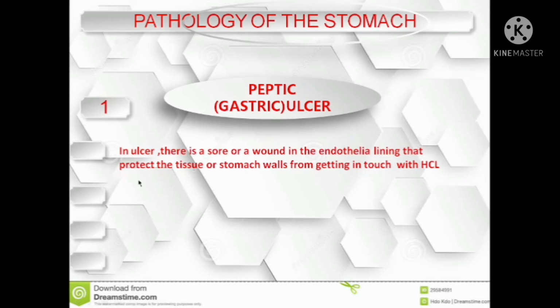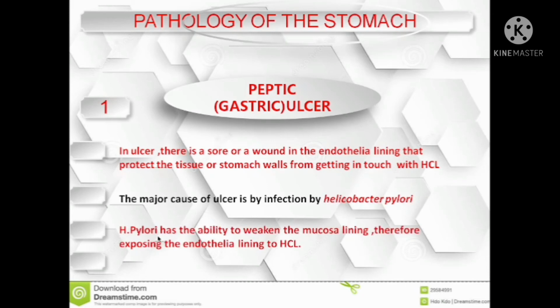So in ulcer, what brings about a sore? The major cause of the ulcer, the major cause of the sore, is a bacteria that we call Helicobacter pylori, H. pylori. H. pylori has the ability to weaken the mucosal lining, and once it weakens it, it exposes the endothelial lining to HCl.